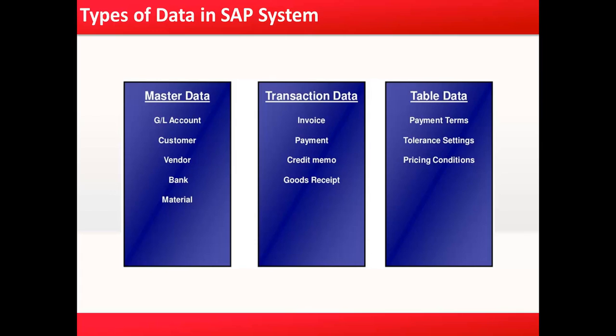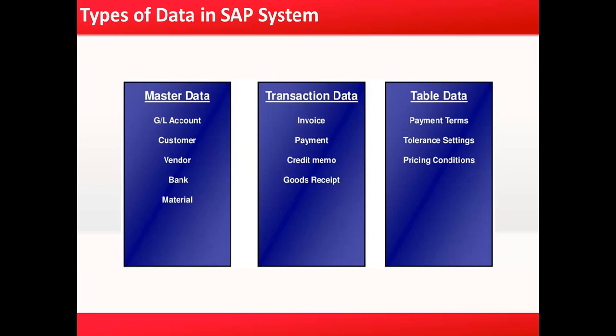This is called transaction data. Then there is table data, like the conditions, terms, and tolerance settings. So take note of what the master data is here: it is in some key tables and doesn't change over a period of time.